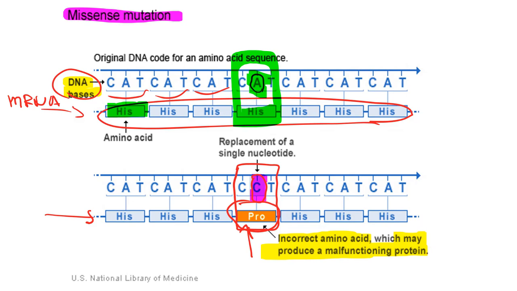I say may here, and that's important, because it's not always the case. Sometimes it could also enhance the function of that protein. Basically, it makes it better. But most of the time, it will have some impact, and that impact, unfortunately, might be malfunctioning.